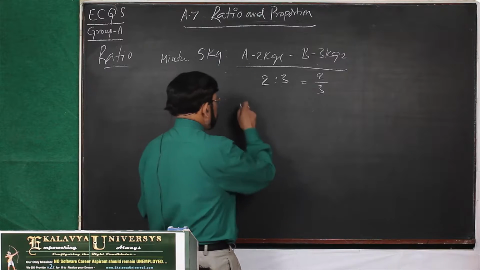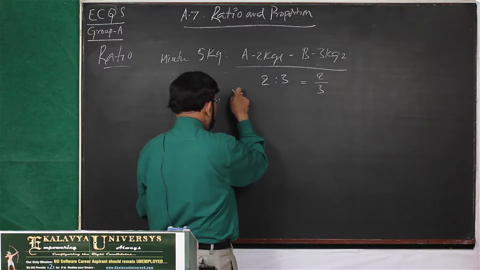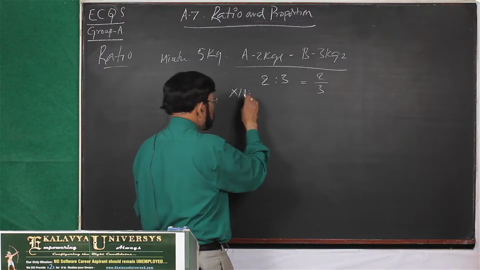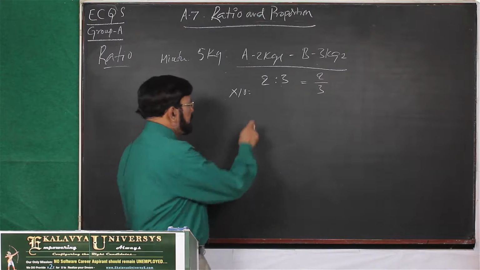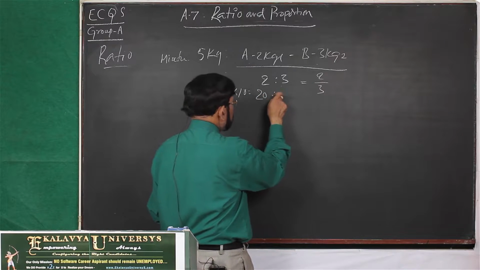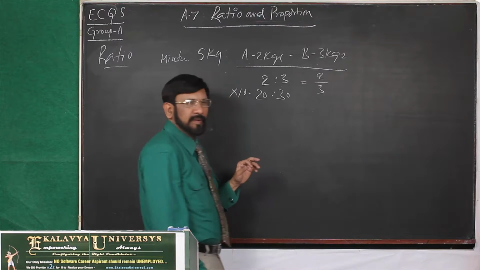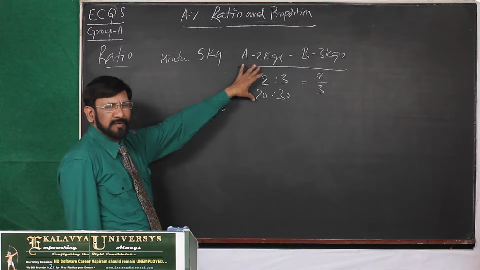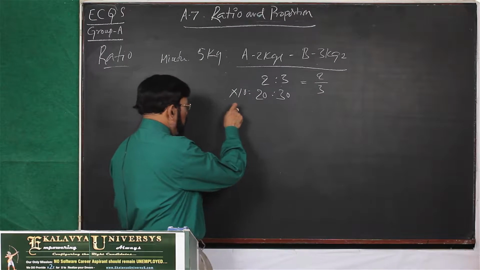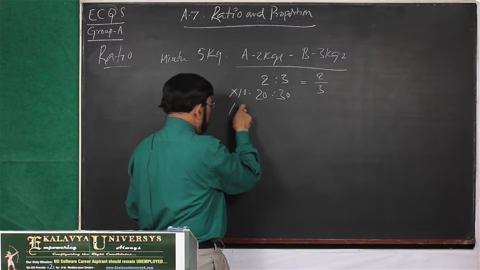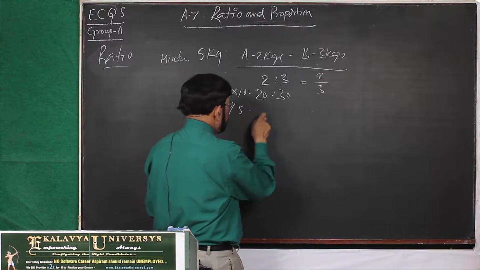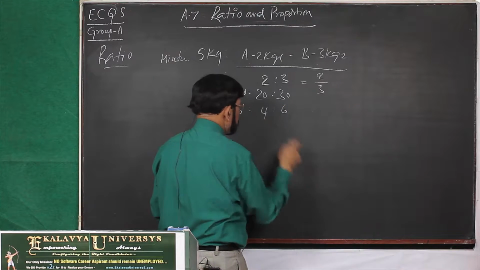Now 2:3. Now I am multiplying both by 10. Then 20:30. The value of the ratio is the same. Now I am dividing both by 5. Then this is 4:6.